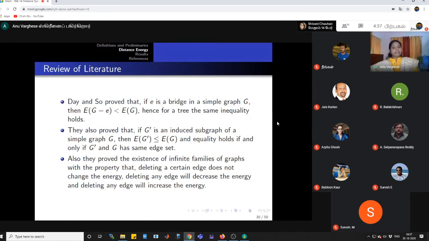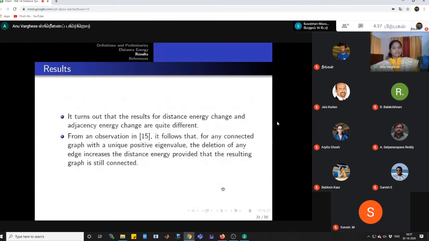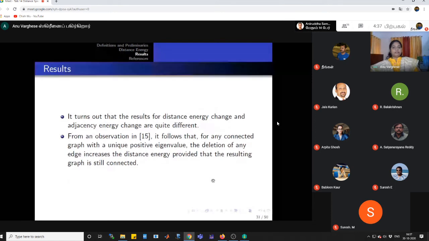But in the case of distance matrices, in almost all the trials we found that graphs have distance energy increase while removing an edge.